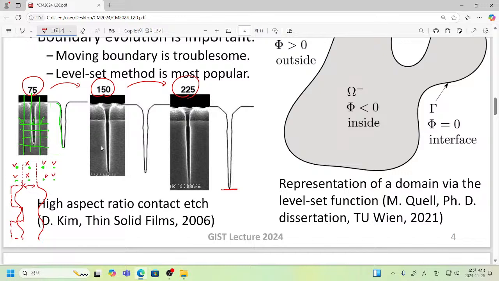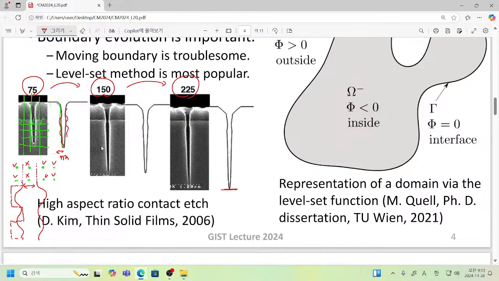But yes, if we adopt this, then the size of this shape change is at the nanometer scale, and we need a micrometer-scale size. So if we consider a three-dimensional feature, that will make quite a large system.